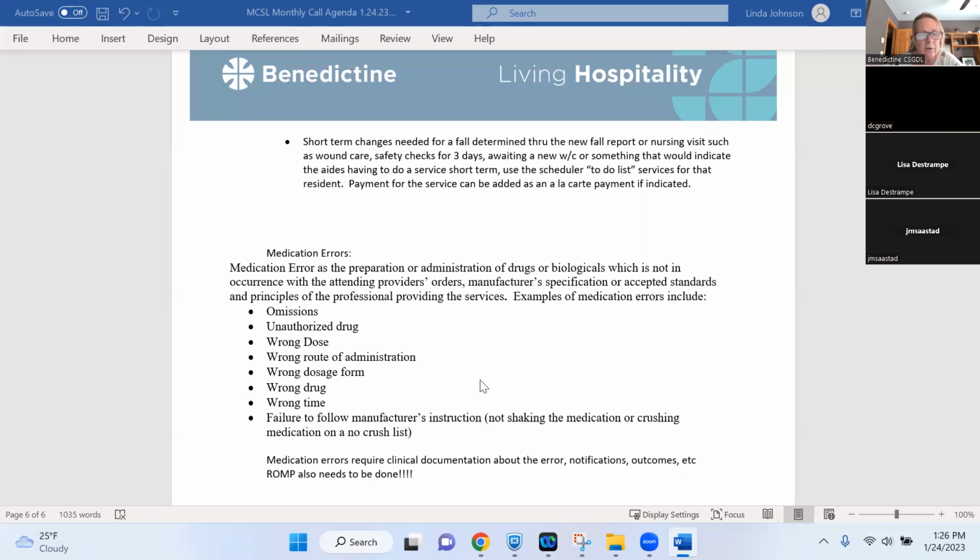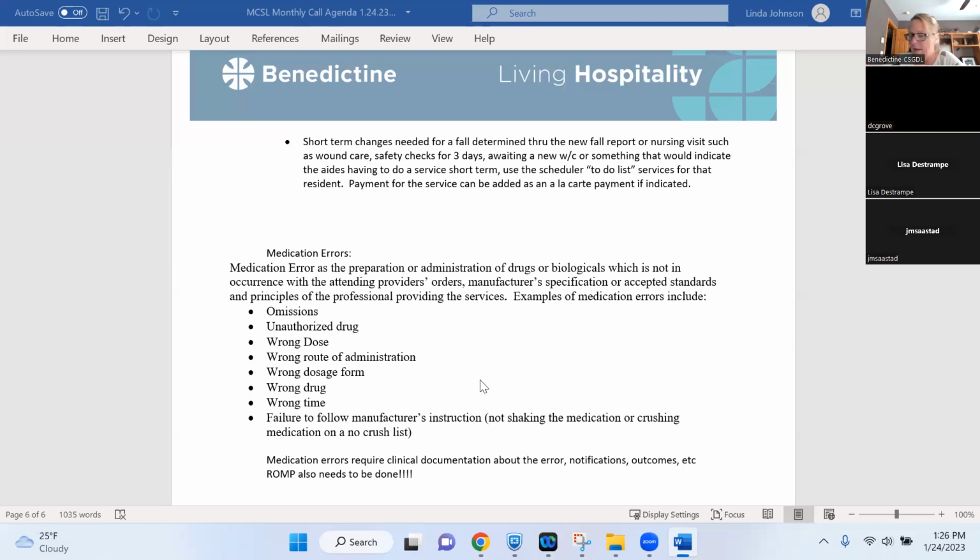We need to do a clinical note that this occurred. You called the doctor, there were no ill effects. But we also need to do a ROMP. And this is going to be really important because starting in April, we have to do mandatory reporting to the Minnesota Department of Health. We have to now track med errors, falls.